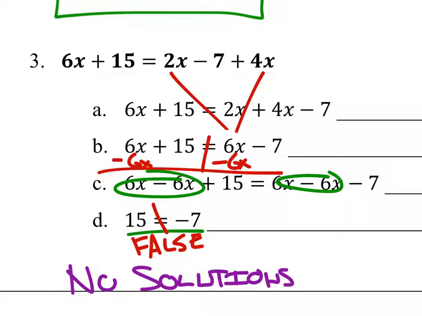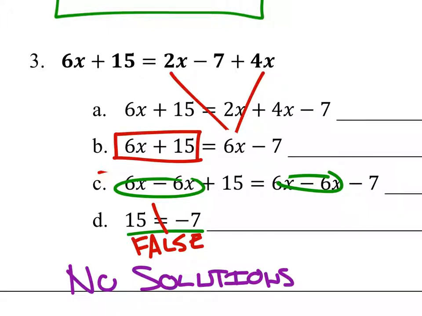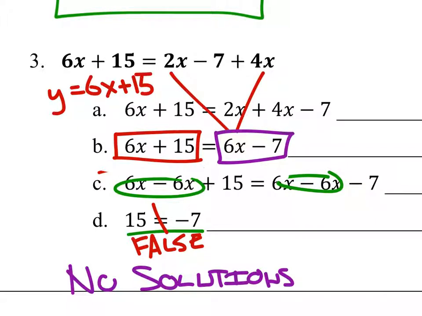Again, we can go back up and go to step B and look at these. We got y equals 6x plus 15, which should look pretty familiar, and then y equals 6x minus 7.